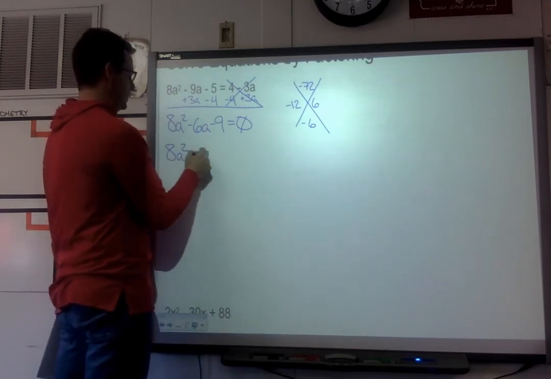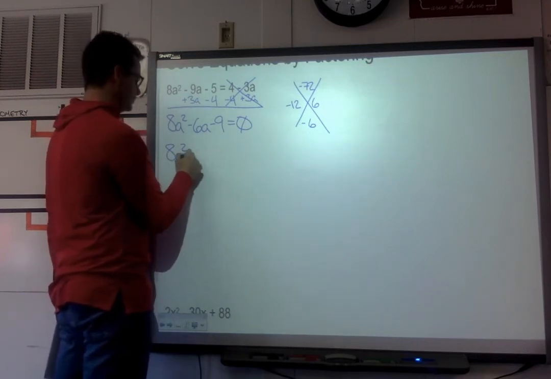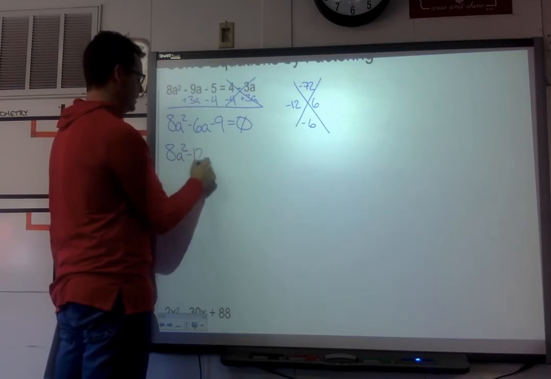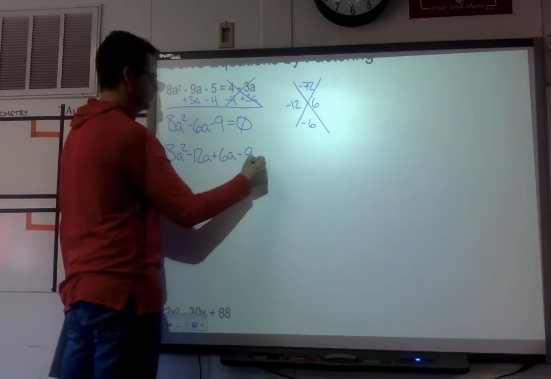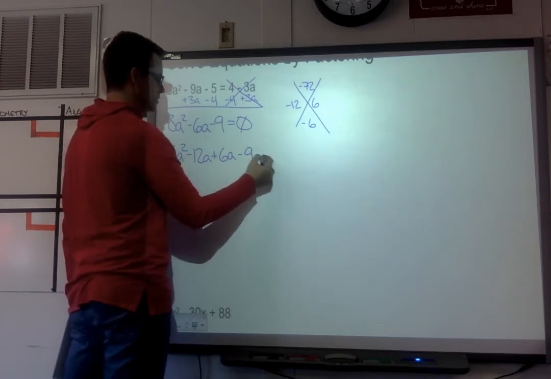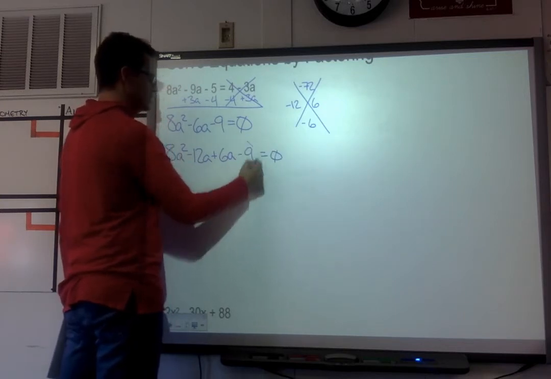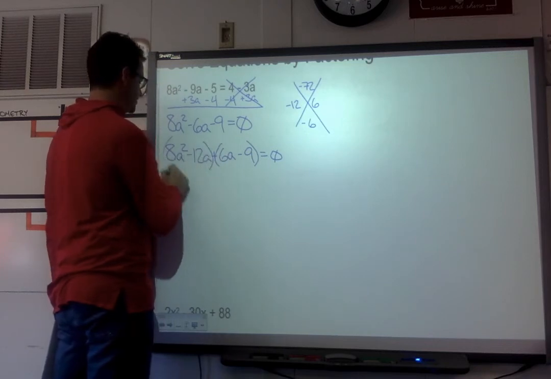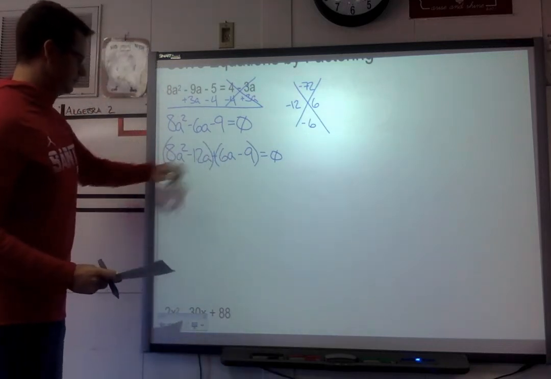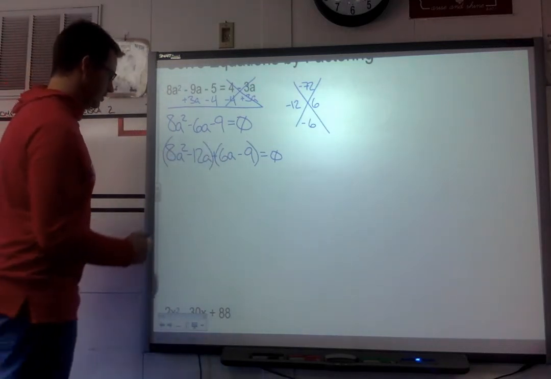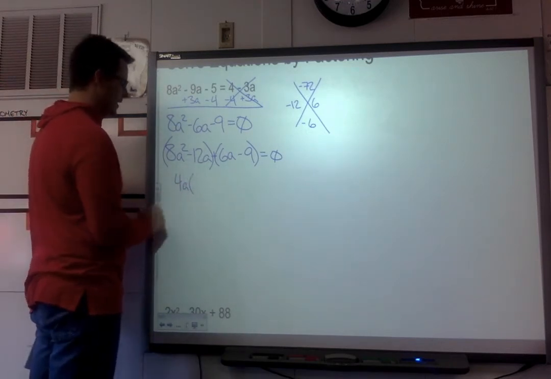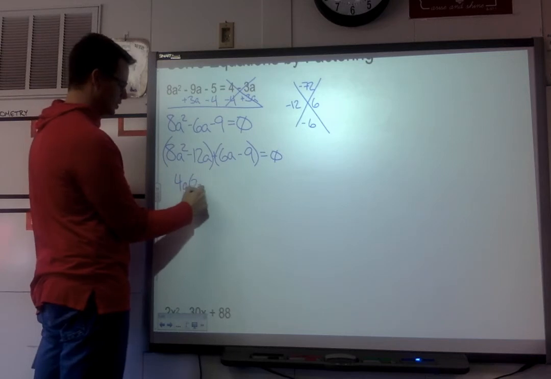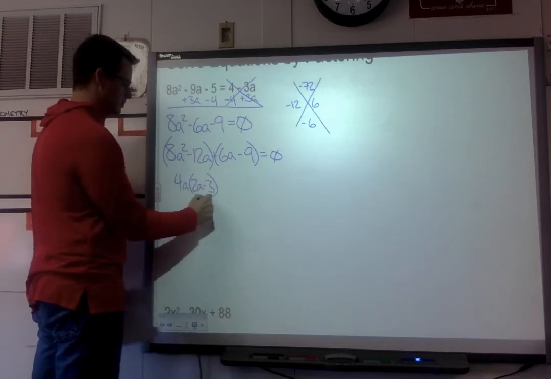So I'm going to go ahead here and say 8a squared minus 12a plus 6a minus 9 equals 0. Then I'm going to group my terms. 8a squared minus 12a, I can go ahead and take a 4a out of that, and I'm left with 2a minus 3.